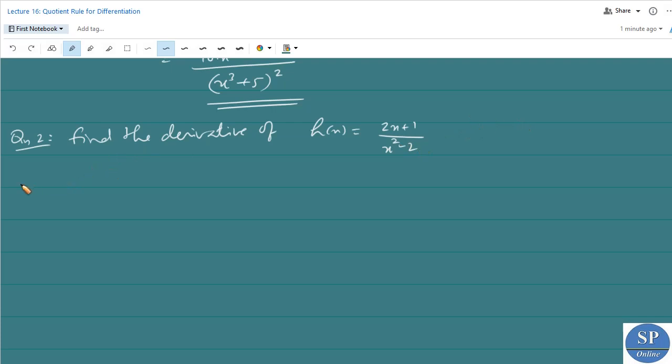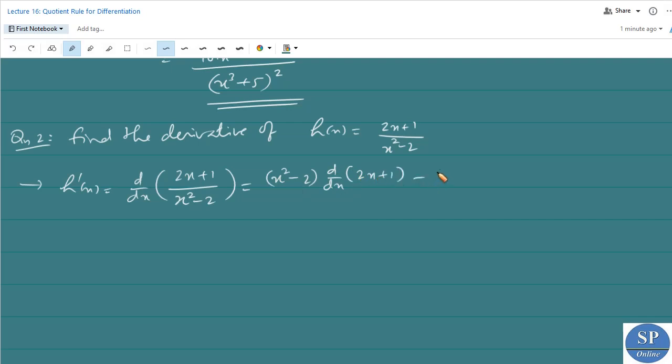So we have h dash of x is equal to d by dx of this, 2x plus 1 divided by x square minus 2. This is equal to the denominator x square minus 2 into the derivative of the numerator, that is 2x plus 1, minus numerator into the derivative of the denominator, which is x square minus 2, divided by denominator whole square, that is x square minus 2 whole square.